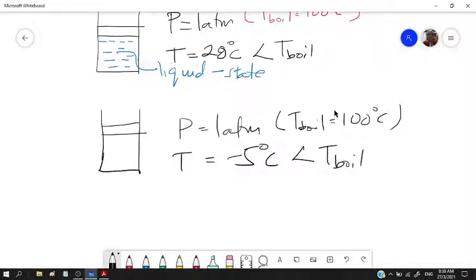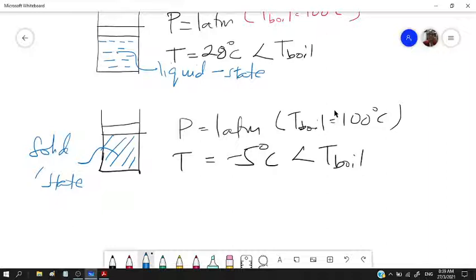From our experience, when we put a container initially at room temperature and atmospheric pressure in the freezer of our refrigerator, then after some time when it reaches -5 degrees C, everything will be in solid form. This is called a state. Definitely it will be solid.